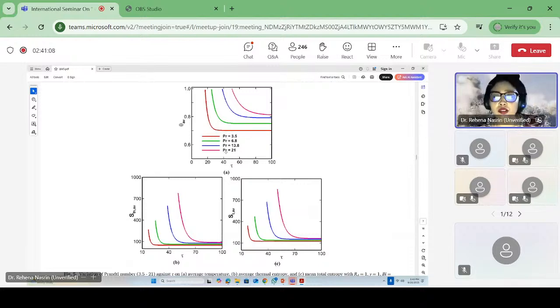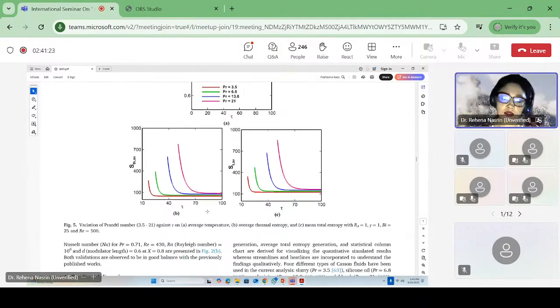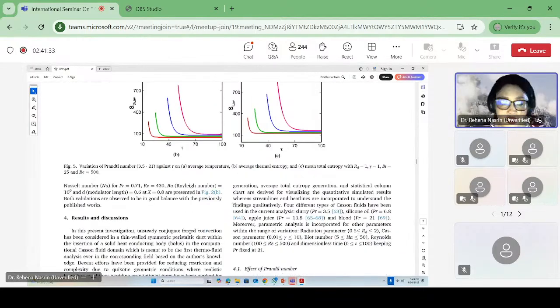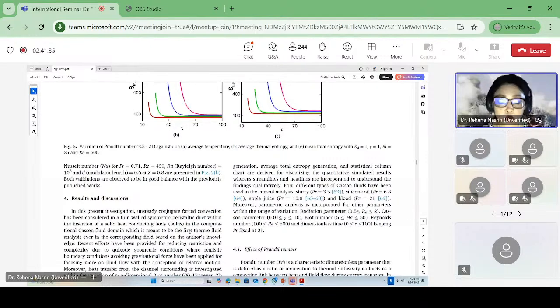When the Prandtl number is 21, then it is steady after maybe non-dimensional time 90 or 100. So for this variation, the simulation becomes steady at various times. So we have to analyze when our unsteady problem becomes steady. That time is very important to analyze our flow.